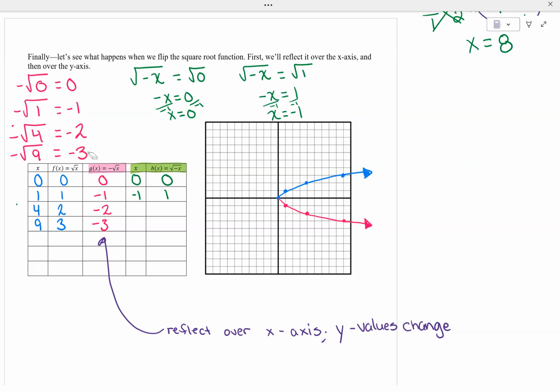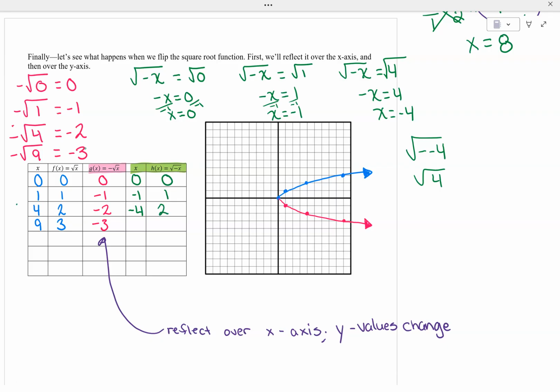Okay. So let's look at the next one. Square root of a negative x equals 4. Because see, I can't just plug in a 4. I'm sorry, square root of 4. I can't just plug in a 4 because I can't take the square root of a negative. So negative x needs to be a 4. So when you divide by that negative 1 again, you get a negative 4. So that negative negative 4 makes a positive 4.